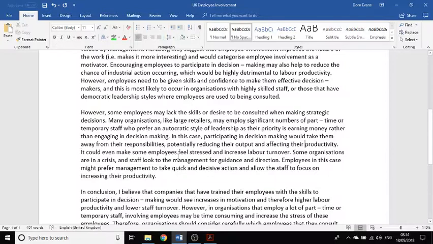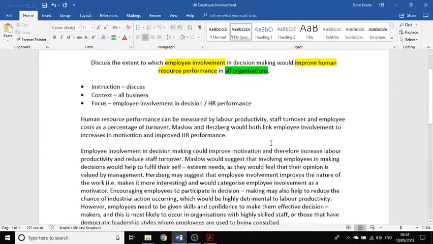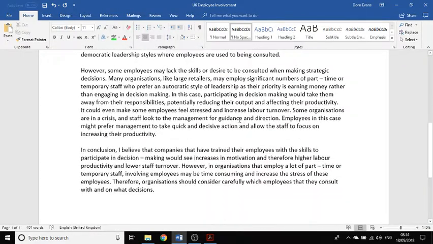It could even make some employees feel stressed and increase labour turnover, so clearly linking to HR performance. Some organisations are in a crisis and staff look to the management for guidance and direction. Employees in this case might prefer management to take quick, decisive action and allow the staff to focus on increasing their productivity. So again, I've tried to give a couple of examples here addressing this all organisations part of the question.